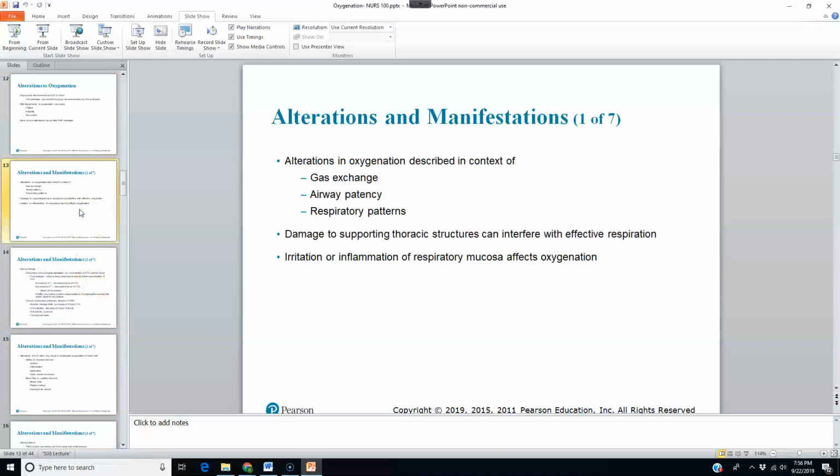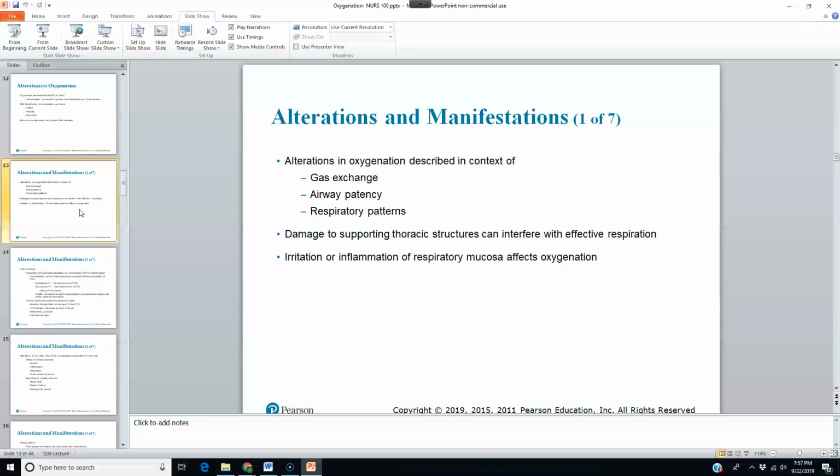And of course, alterations in oxygenation are described in terms of gas exchange, airway patency, and of course we look at our patients' respiratory patterns. Damage to supporting thoracic structures can also interfere with effective respiration, or irritation or inflammation of respiratory mucosa affects oxygenation.